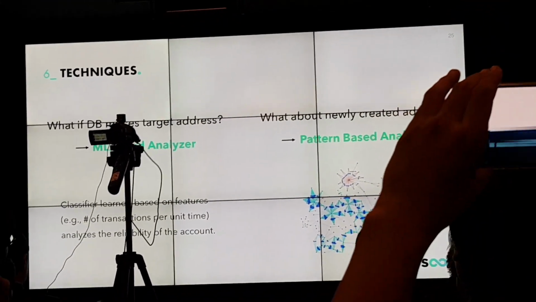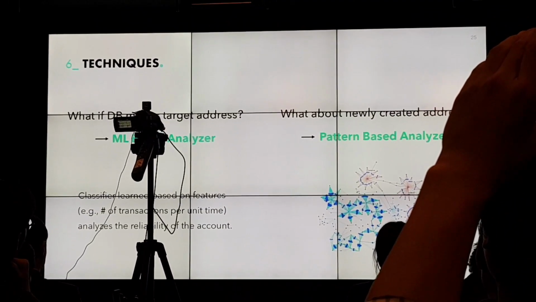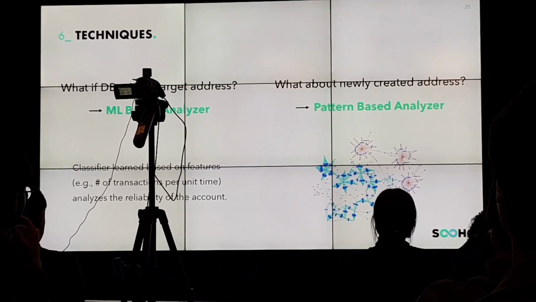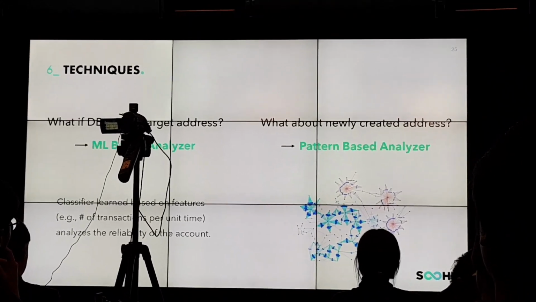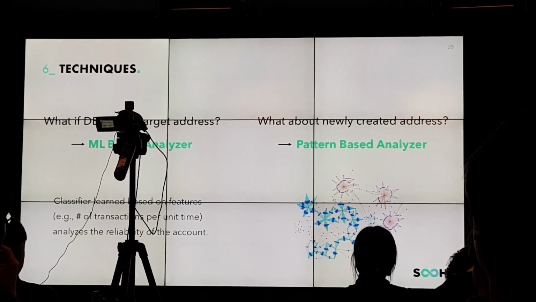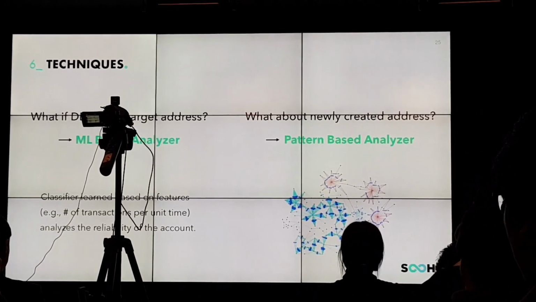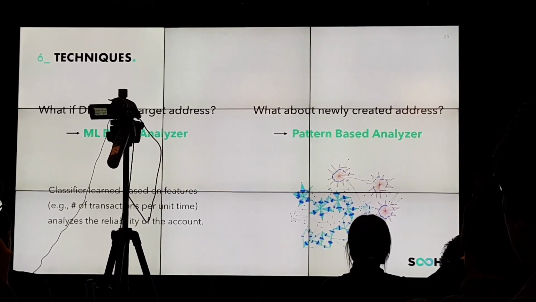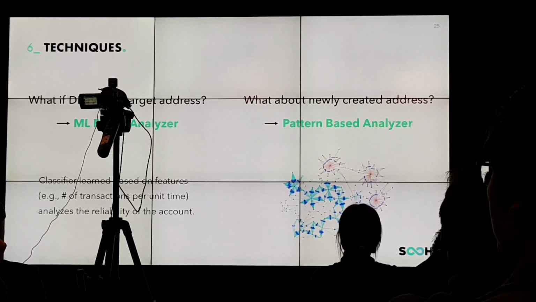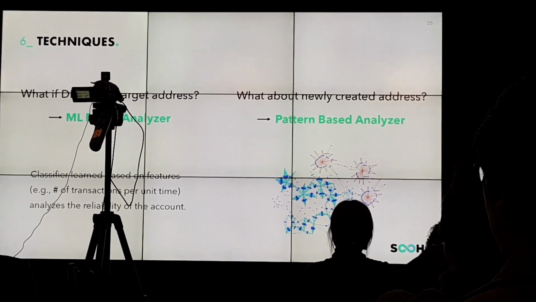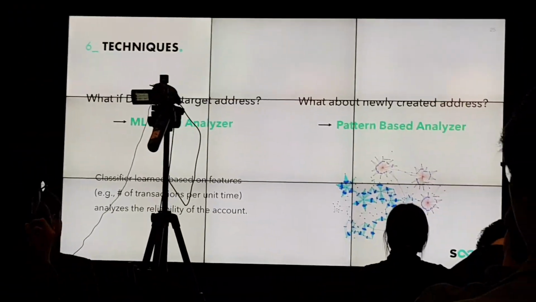At that point, you may wonder what happens if your database misses a target address, and we can calculate the reliability of arbitrary accounts by using a machine learning-based analyzer. Another question can be, what about newly created addresses? In that case, a pattern-based analyzer could be the answer.